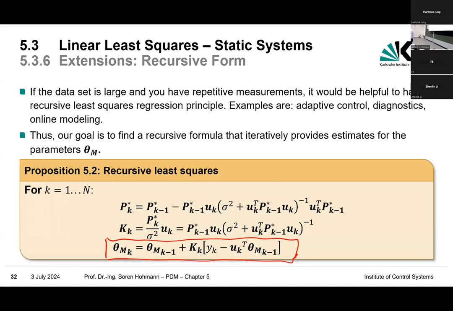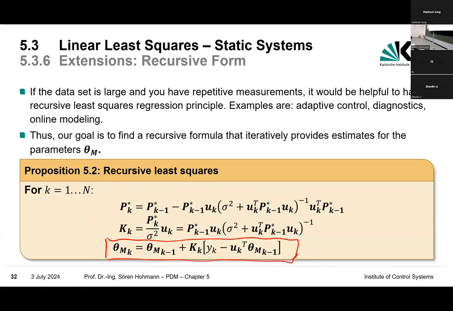The question which might be interesting also is, is there a guarantee that P star k is equal to the right P star, so the right variance estimation? And do the parameters theta k coincide with the right parameters? And the answer is yes for large N. They do converge.